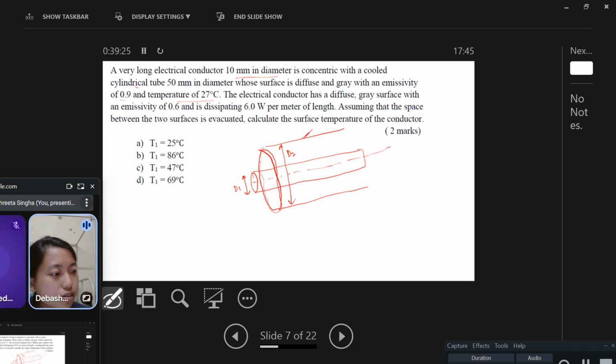Now this surface is diffuse and gray with an emissivity of epsilon 2 is 0.9 and temperature is 27 degrees Celsius. That means 300 Kelvin.